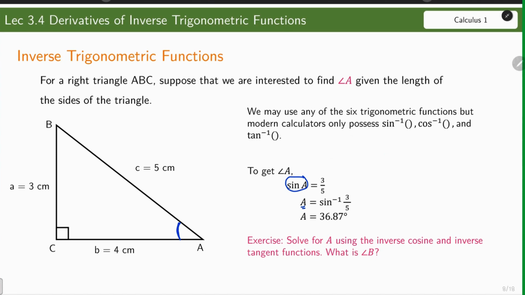This is the value when we use a calculator, 36.87 degrees. Exercise: solve for A using the inverse cosine and inverse tangent functions. You may use your calculator if you want. And then next, you may also solve for the angle B as an exercise.